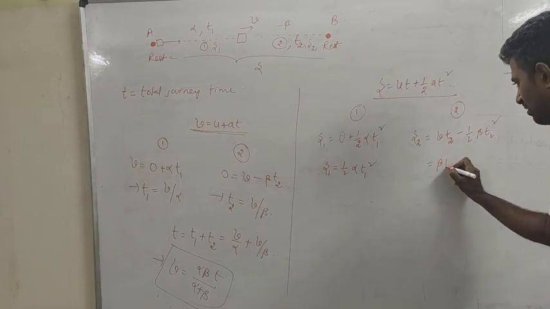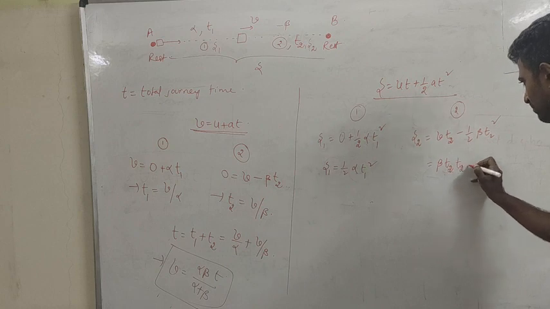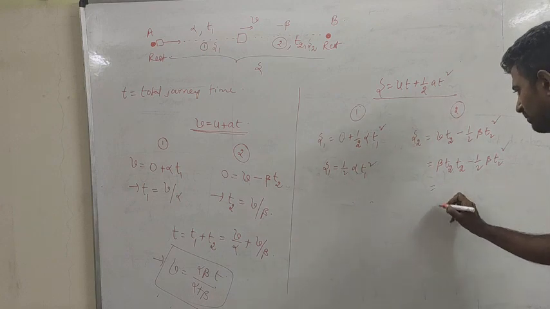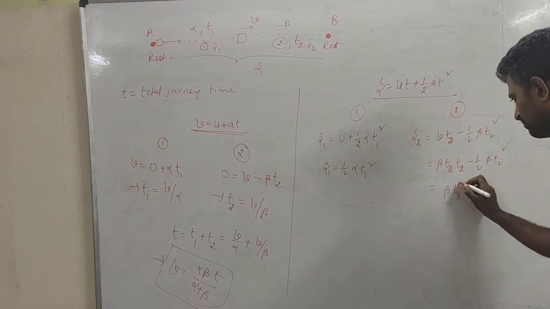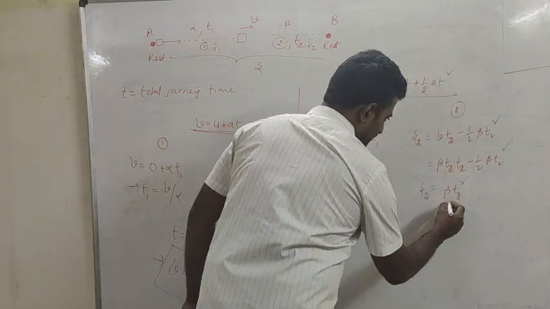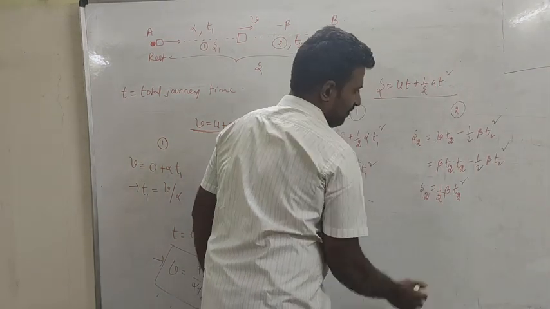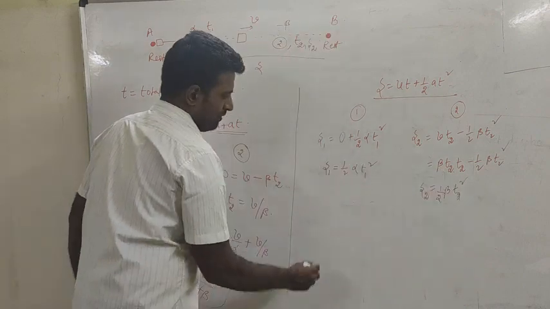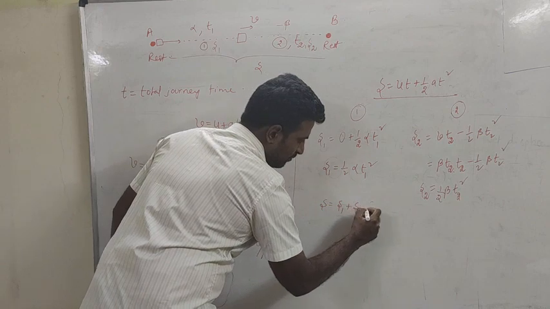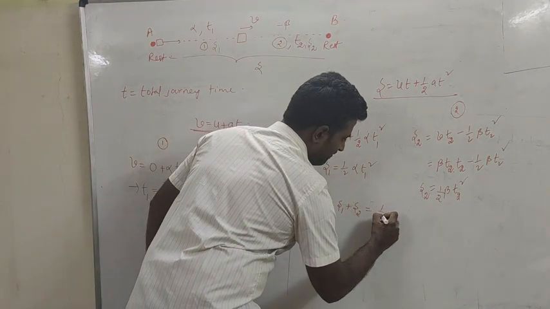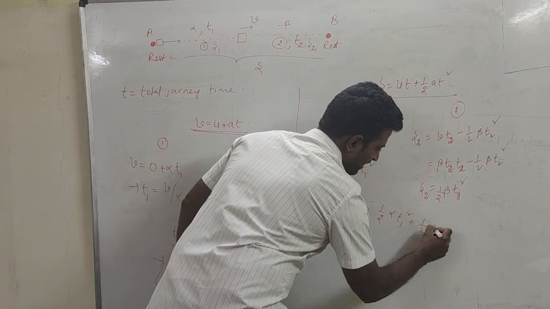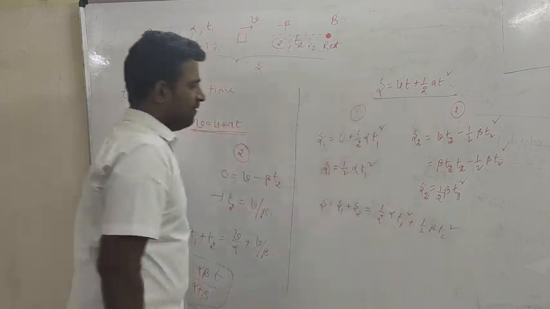So beta t2 into t2 minus half beta into t2 square is equal to half beta into t2 square, because 1 minus half is half. This will be S2. Total displacement will be S1 plus S2, which is equal to half alpha t1 square plus half beta t2 square.